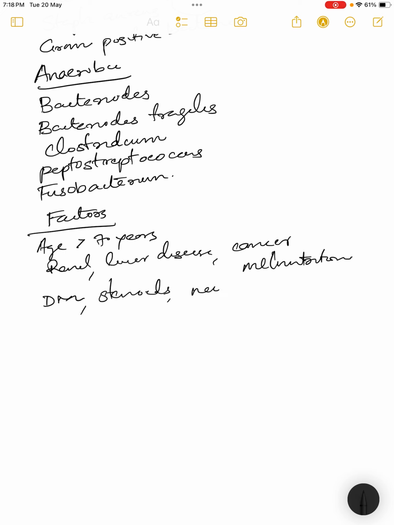The patient is having neutropenia, active HIV infection, or B or T lymphocyte deficiency.